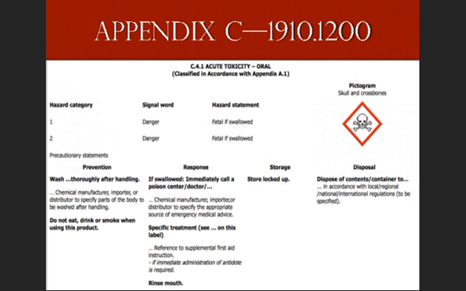I would like you to turn your attention to the columns on prevention, response, and disposal for a moment. You will notice that under each of the precautionary statement columns, the chemical manufacturer must determine the specific verbiage needed to communicate more information about the chemical to those exposed to it.